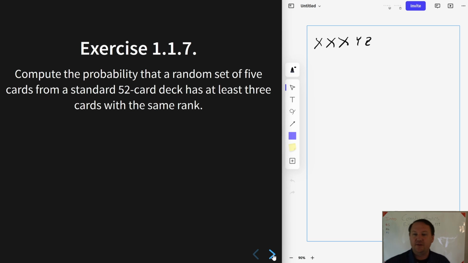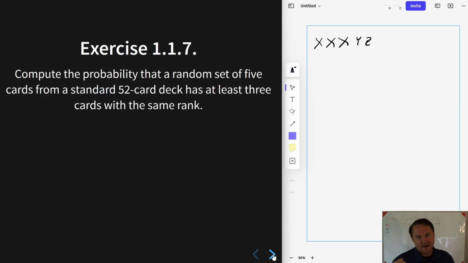And so these 3 x's represent some repeated rank, and the y is possibly some other rank, although possibly not, right, because we are saying at least 3 cards with the same rank, so that permits possibly also 4 cards of the same rank. But also y may not be the same rank, and then z is some rank also that may be different from the first other choices.